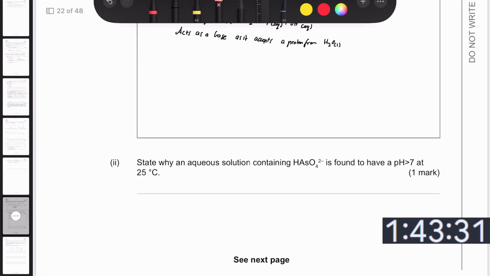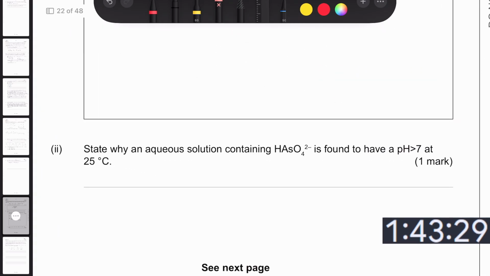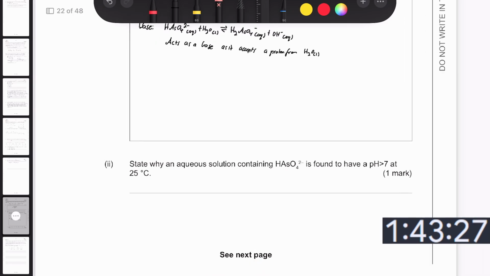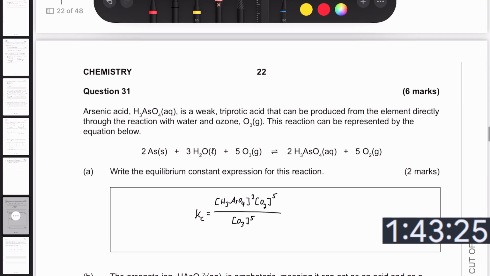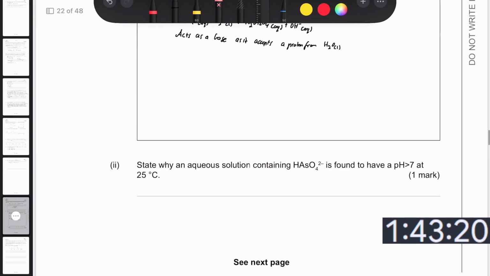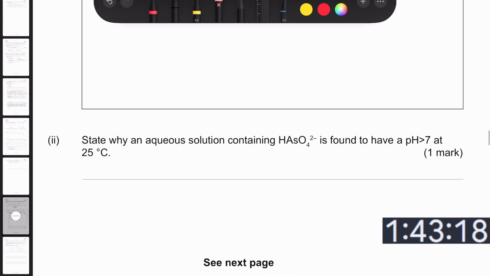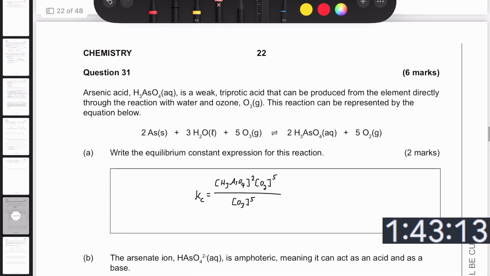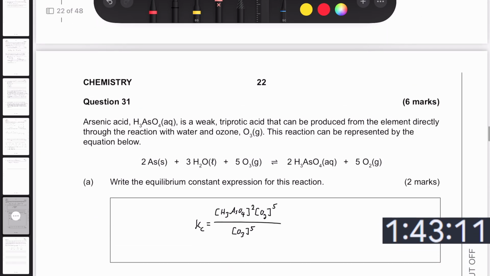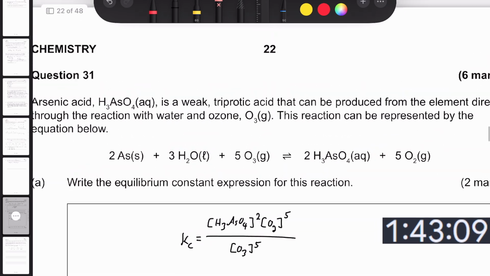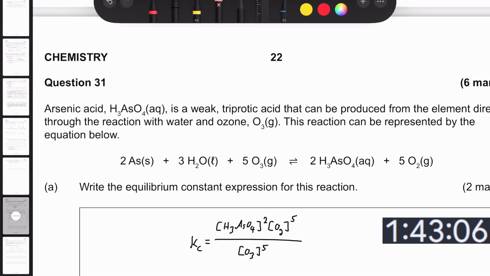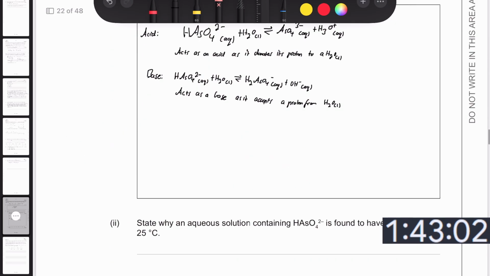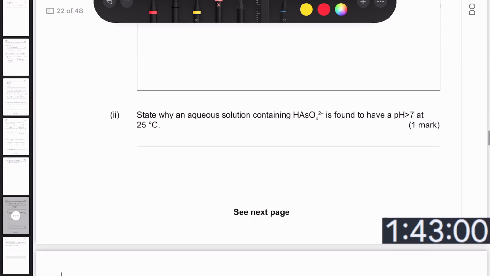State why an aqueous solution is found to have a pH greater than 7 at 25 degrees Celsius.